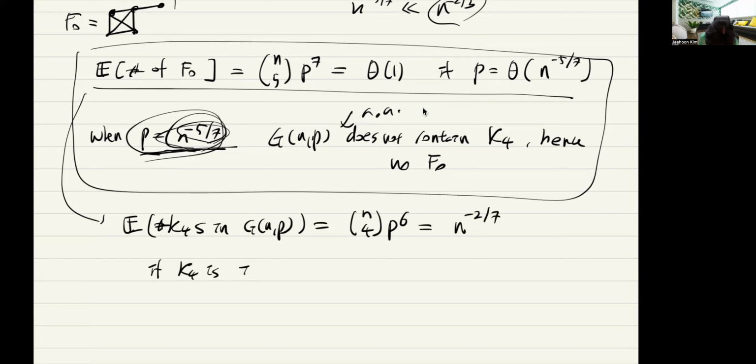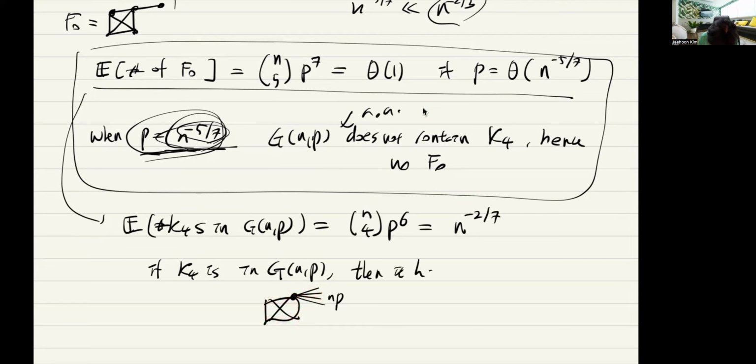But if K4 is in G with this low probability, each of these vertices has, with high probability, degree roughly n times 2p. So all of these give us a copy of F0.